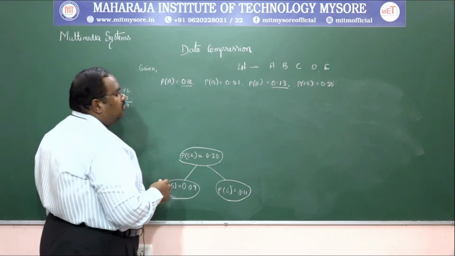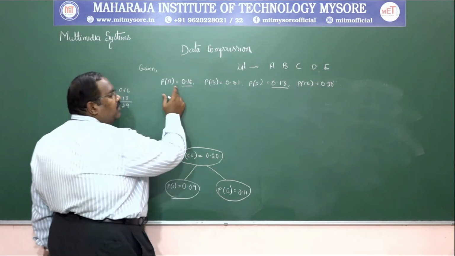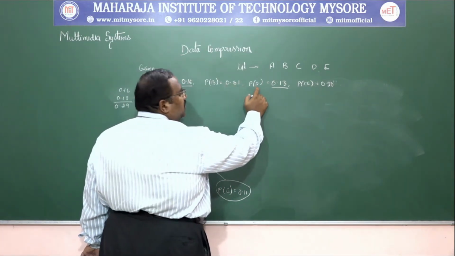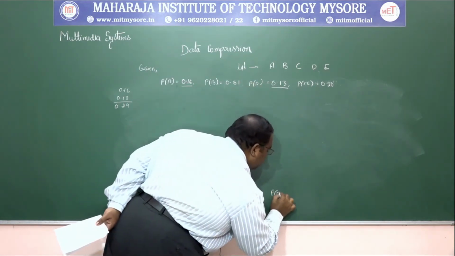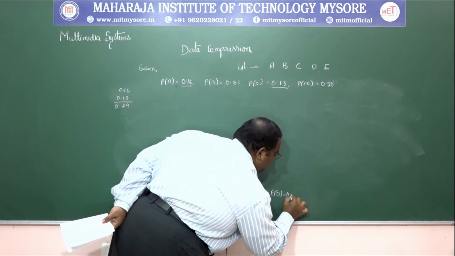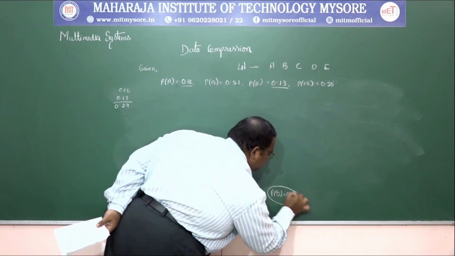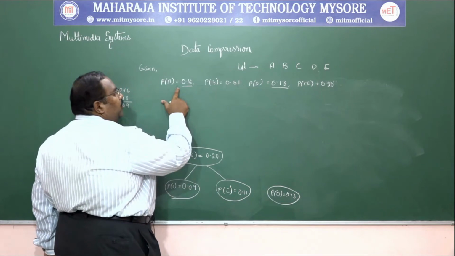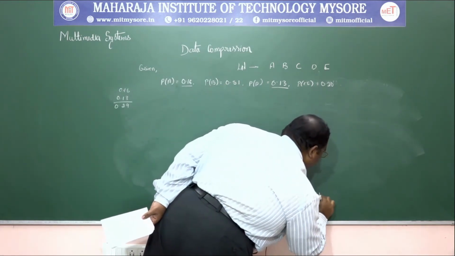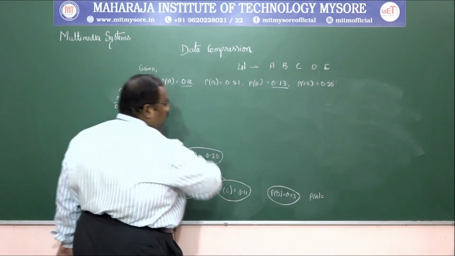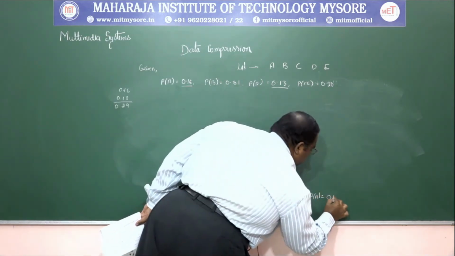So what do we do here? So what are we supposed to combine? First one, which is the lowest value? D. What is the probability of D? 0.13. I'll write here, probability of D is equal to 0.13. Which is the next one? Probability of A. What is the value? 0.16.